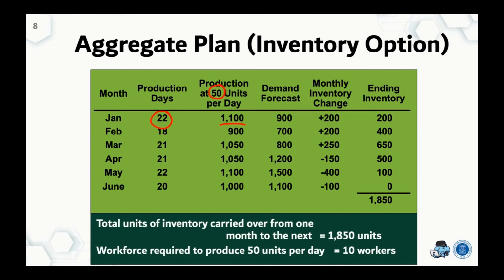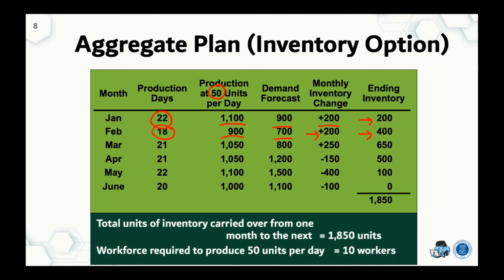While the forecast demand is 900, we have an excess of plus 200 that becomes inventory. In February, we have 18 production days, and we can calculate based on those production days. We have 900 in this case, and the demand forecast is 700, and again we have the excess inventory of 200 that will accumulate and become 400.